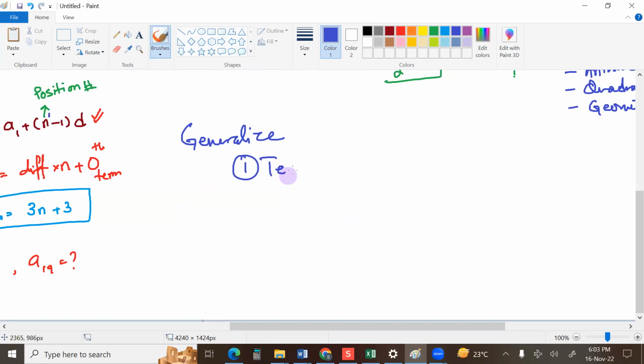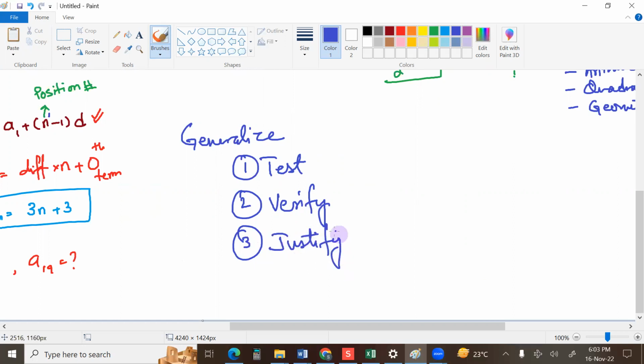Number one is test your general rule. Number two will be verify your general rule. And number three will be justify. Sometimes the words prove and derive are also associated with the same. So this is the top level for MYP 5. Justification is the highest strand involved.